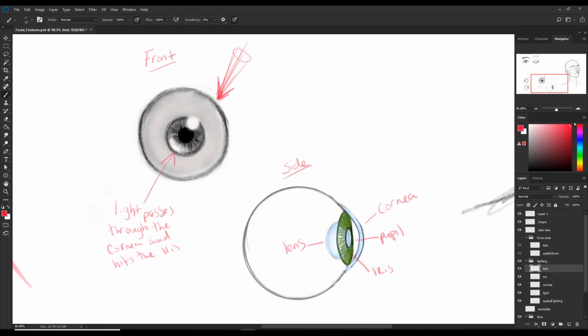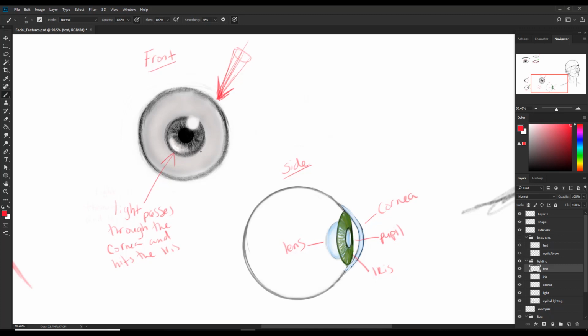So if your light was coming from this direction, then that hot spot would be here, and then on the opposite side, you would have the brighter part of the iris. So whatever direction your light is coming from, that is where you're going to put your light spot. And then just remember that on the opposite side, on the iris, you're also going to have a little bit of light.